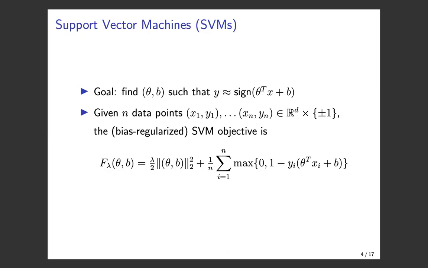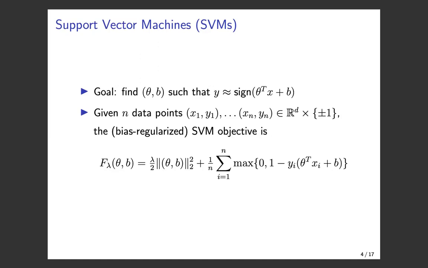And the second term is basically saying if a given data point, xi, yi, is misclassified, then penalize it. If it is classified but not classified very well, then penalize it a little bit. And if it's classified and classified quite well, then don't penalize it at all. Okay, so this is the hinge loss, and this is the SVM objective.